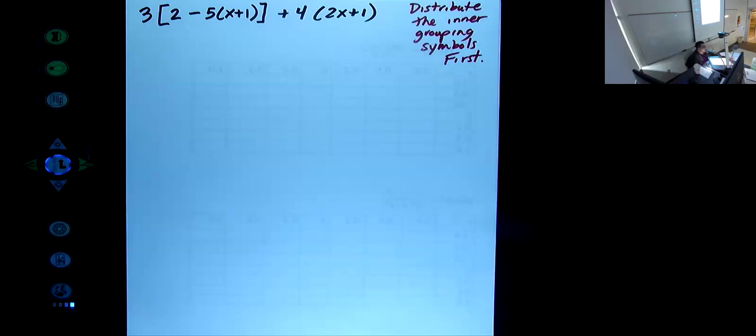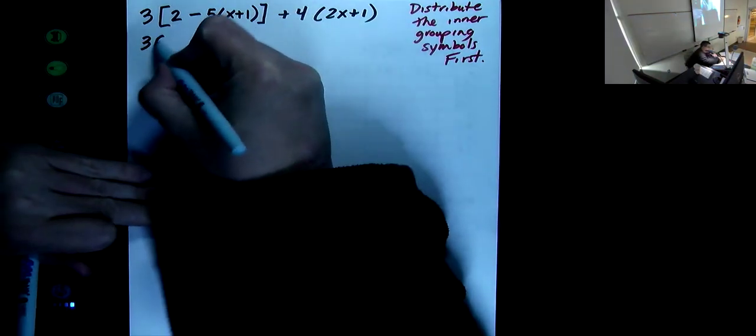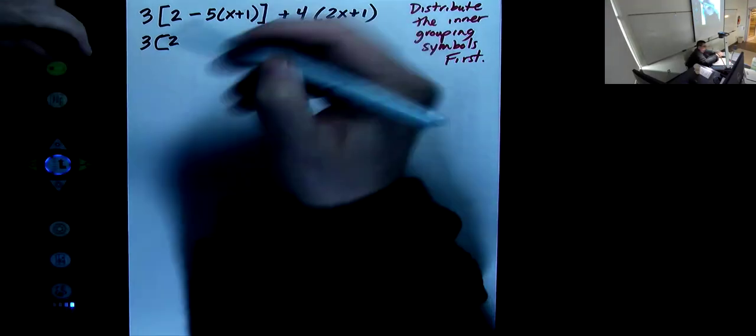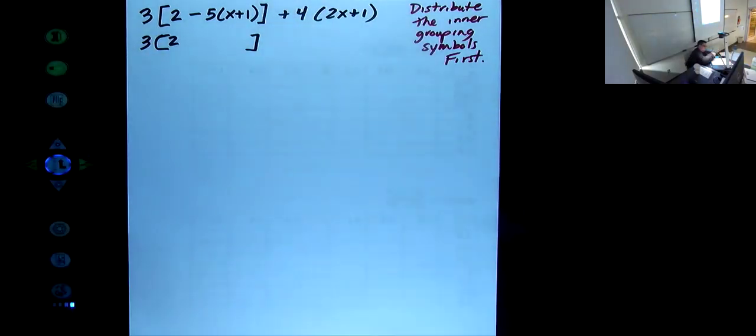You distribute the parentheses inside the bracket first. Okay, so you do 5 times the parentheses first, correct? Yeah. All right. So doing that, I'm actually going to leave the bracket here for that part, and do this in red.